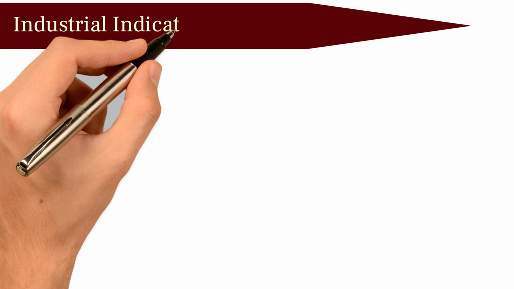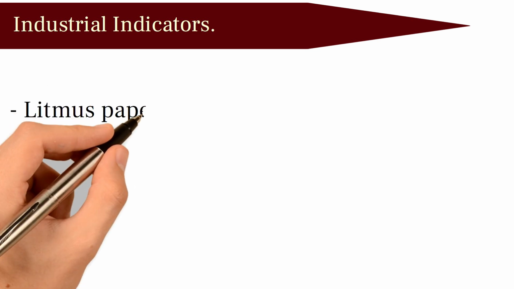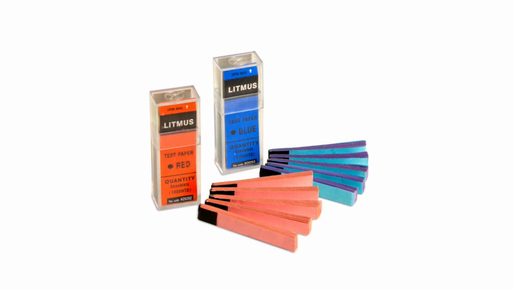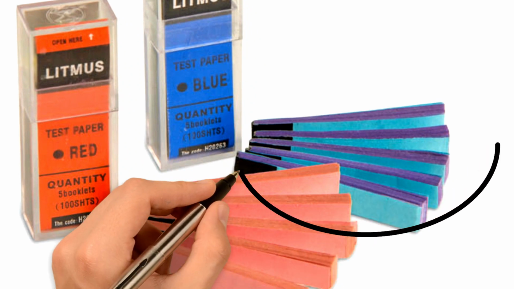As for industrial indicators such as litmus paper, some of them are blue and some of them are red. But for the detection of acid, we use blue litmus papers.